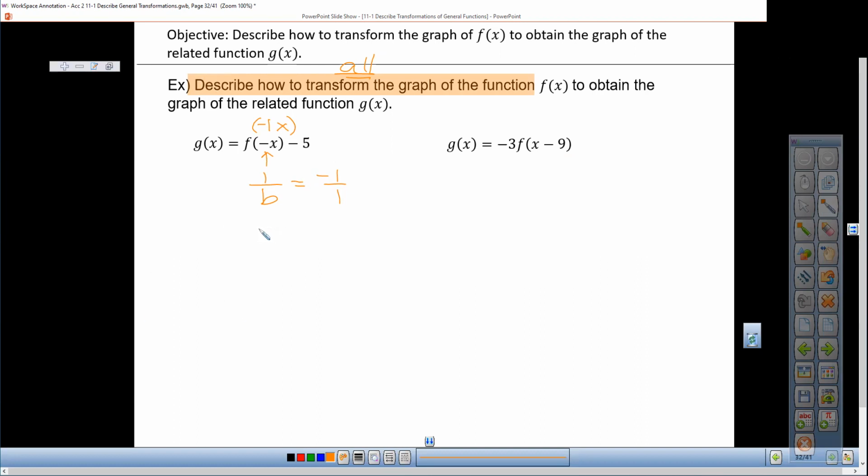So we do its reciprocal, which is B. And what's interesting about -1 is that it is its own reciprocal, meaning that the reciprocal of -1 is still -1. It's one of only 2 numbers that's true for. The other number that's true for is 1. So the reciprocal of 1 is 1, and the reciprocal of -1 is -1. And so because it's negative, we do have a reflection. That reflection would be a y-axis reflection because we're dealing with B.